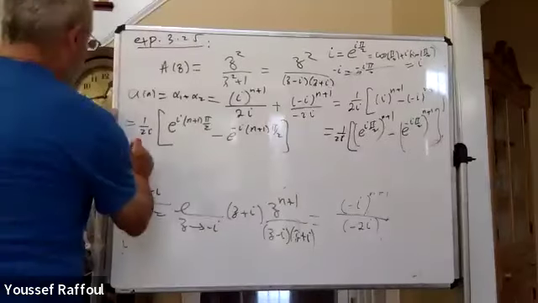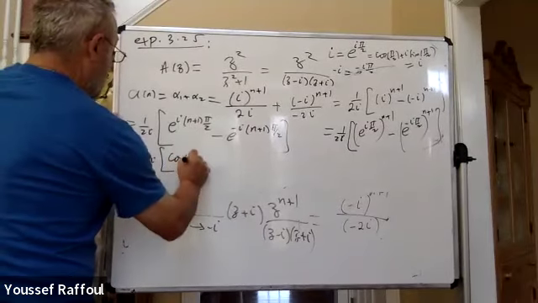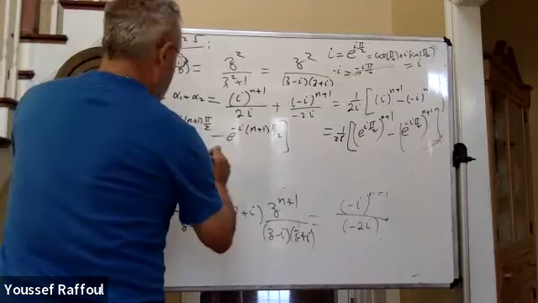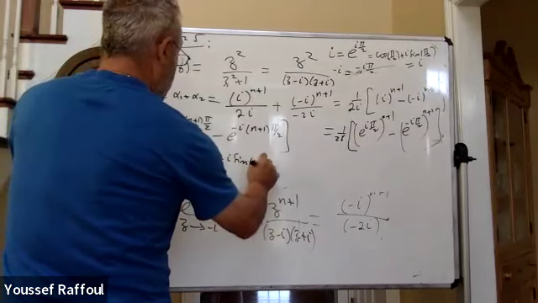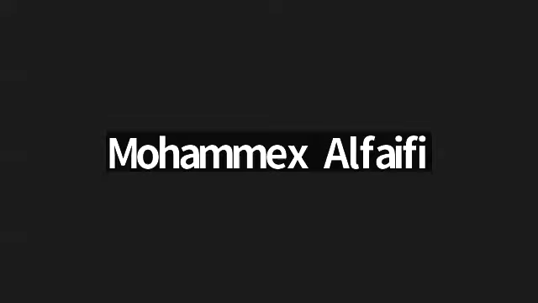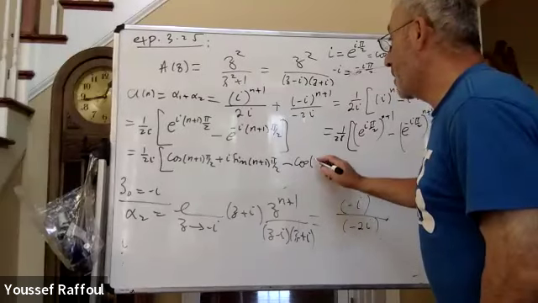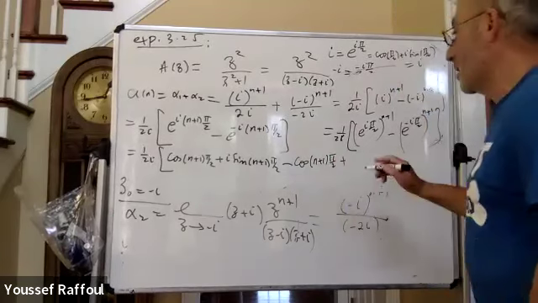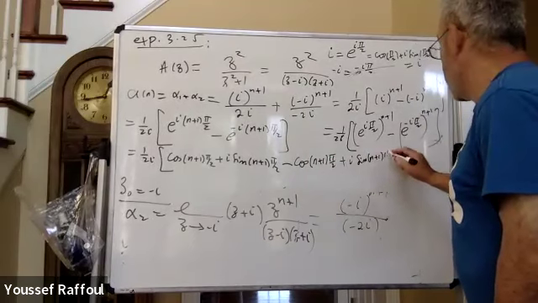So what is that equal to? That is 1 over 2i times cosine (n plus 1) pi over 2 plus i sine (n plus 1) pi over 2 minus, now we're talking about this, cosine (n plus 1) pi over 2 plus i sine (n plus 1) pi over 2.